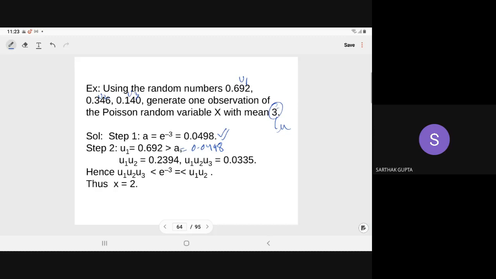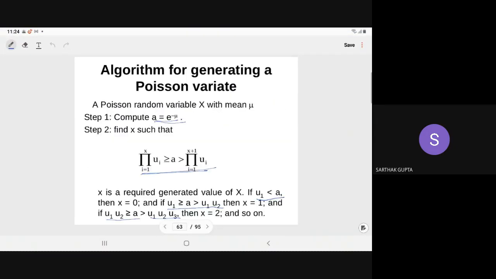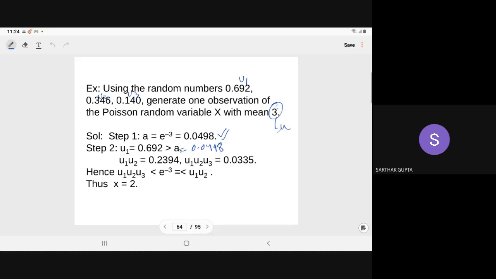And u1 u2 u3, the multiplication of these three, is 0.0335. So you can see with this scheme, a is lying between u1 u2 u3 and u1 u2. So this implies x is equal to 2.